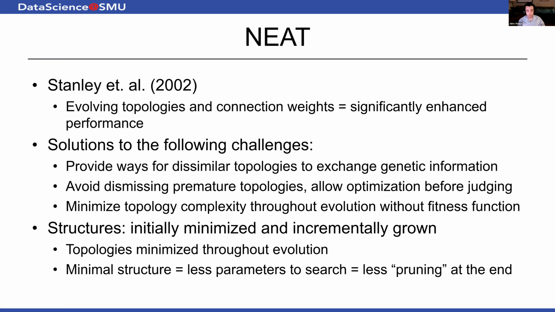They set out to provide a way for dissimilar topologies to exchange genetic information, to avoid dismissing premature topologies before they were optimized, and to minimize topology complexity without a fitness function. This was achieved by starting with structures that were minimized at initialization and incrementally grown. Much like the difference between a juniper bush and a bonsai tree, this results in less bloat, less pruning at the end, and ultimately an optimized model.